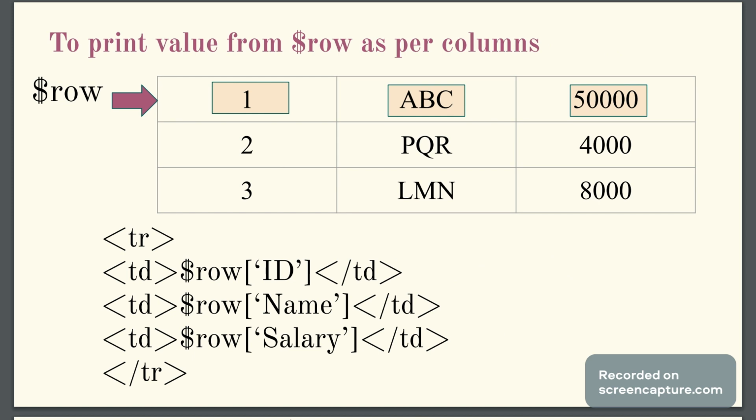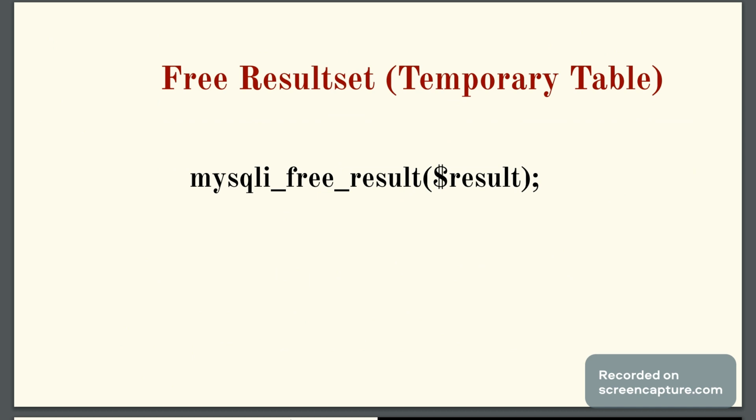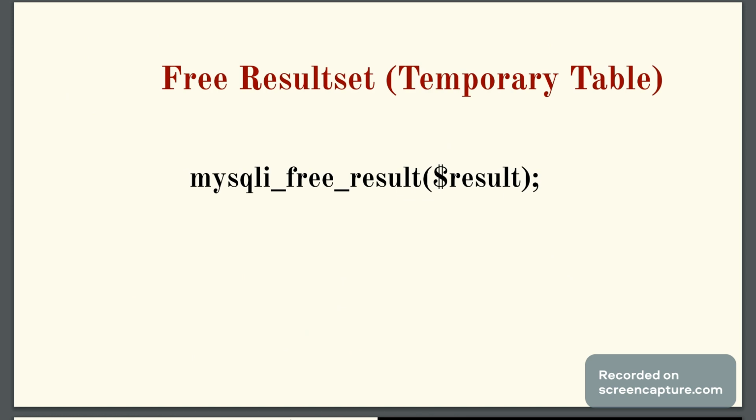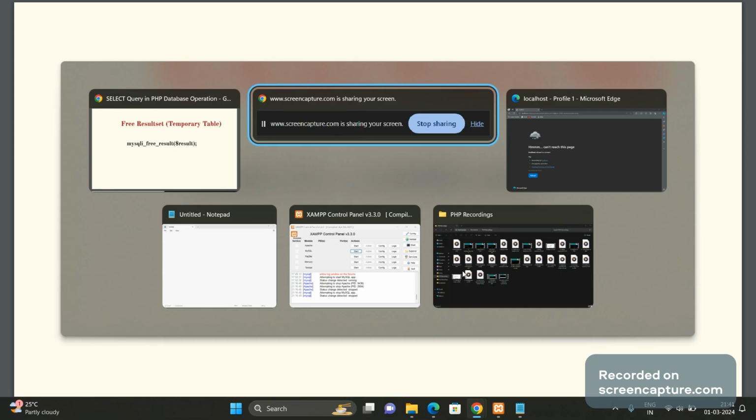Now we have to apply this logic and print all the records. And after printing all the records, we have to free the result set, which is a temporary table. For that we have mysqli_free_result, and in bracket we have to give the select query output variable. Now we will see the implementation of the code.